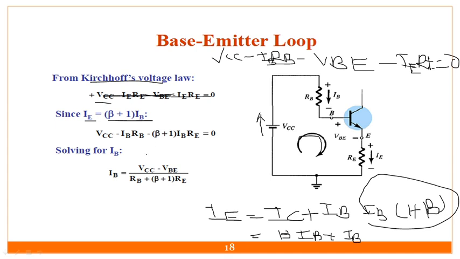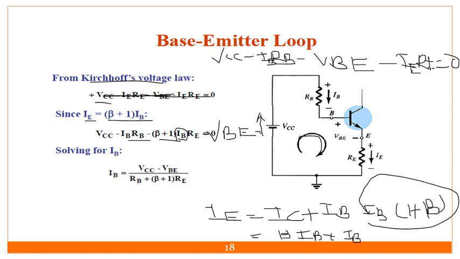So VCC minus IB RB minus VBE, and instead of IE I have written (beta plus 1) IB RE. From this we have to calculate the value of IB. I shift the IB terms over there: this IB term and this term will be plus, and what remains is VCC minus VBE is equal to 0.